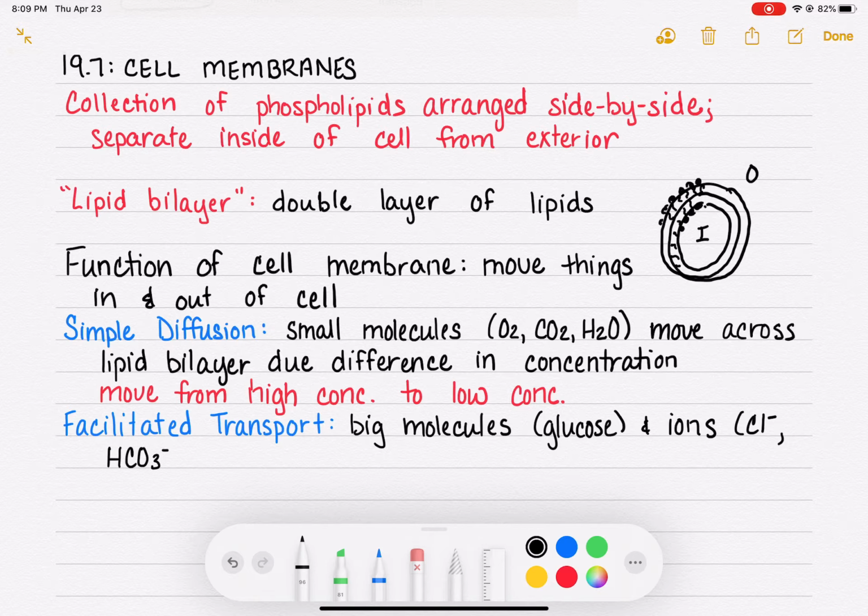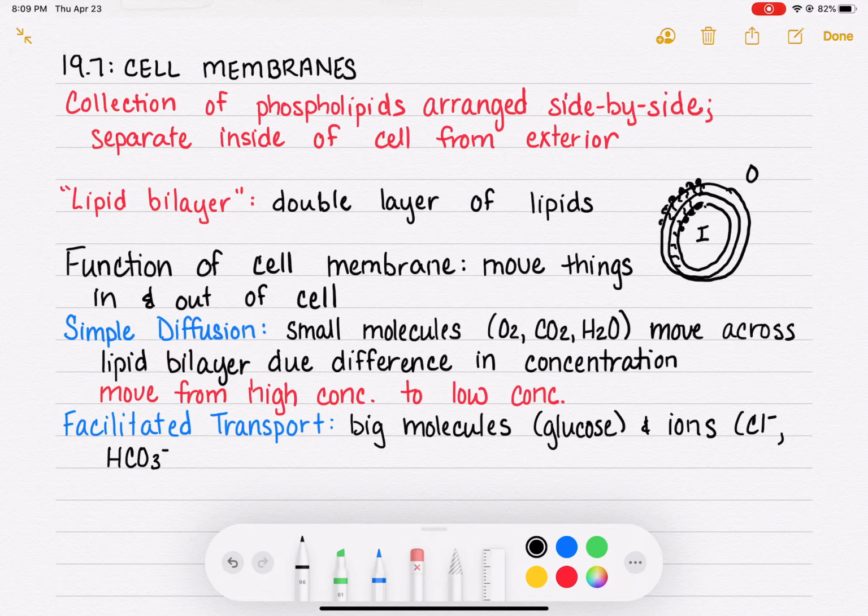So active transport is where we are moving ions, and this time we're moving hydrogen ions, H+, sodium ions, Na+, potassium, K+, calcium, and also chloride ions too. So they've got a couple options.